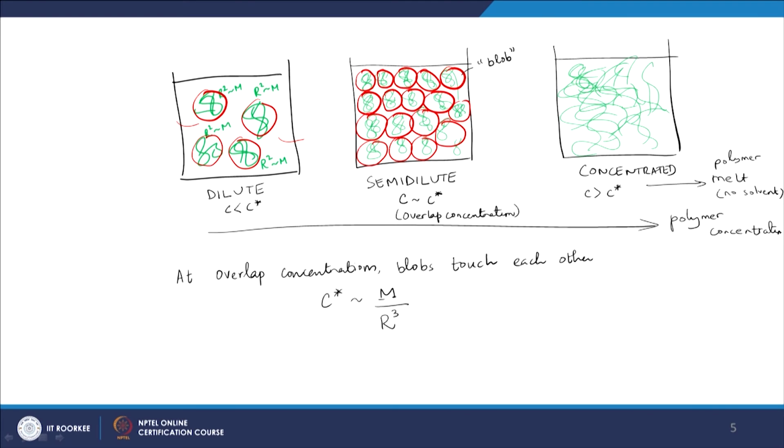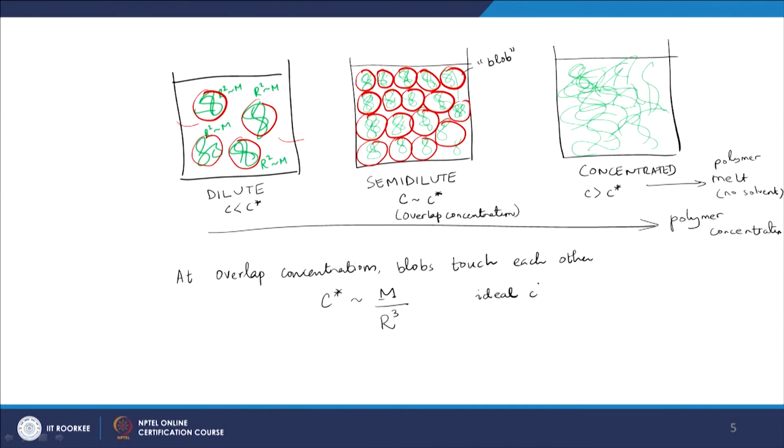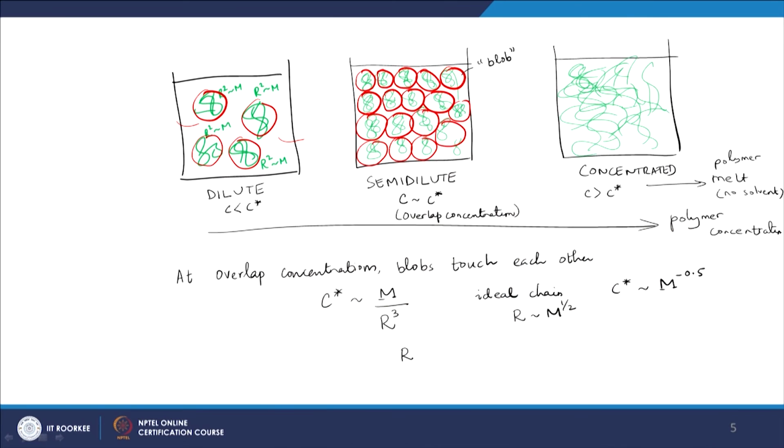Okay. So, we know what the concentration inside the blob is, it is simply m by r to the power cube, and we know the scaling law for r with m. So, let us say for the ideal chain case, r goes like m to the power 1 by 2. So, we can say C star goes like m to the power minus 0.5. Okay. We can extend the idea also for the self avoiding walk and the collapsed chain. So, in general r is like m to the power nu.